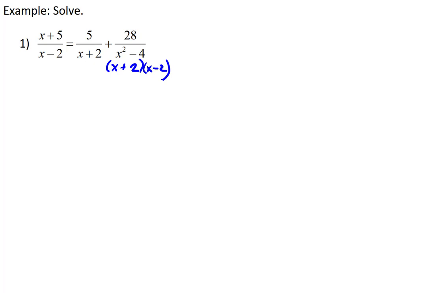And in that case, now that everything's factored, we can put together our LCD, just like we would if we were adding or subtracting rational expressions. It's no different. Given all these denominators, x minus 2, x plus 2, and then x plus 2 times x minus 2, our LCD would be x plus 2 times x minus 2. And the order of those doesn't matter. You could put the plus or the minus first. Now, here's the deal.